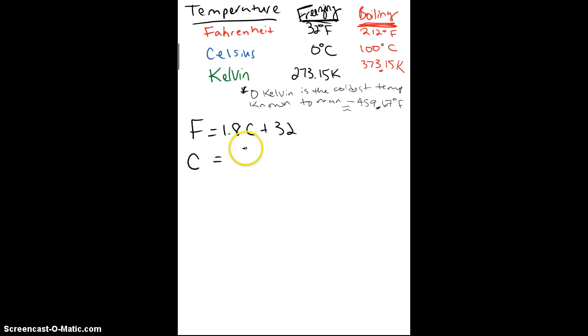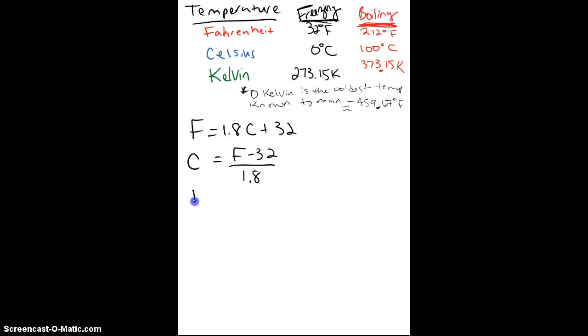And then vice versa, instead of multiplying and adding, you're going to subtract and divide to convert the other way, because they're inverses of each other. So if you know the Fahrenheit, you subtract that 32 first, then divide by 1.8, and that will spit out the Celsius.